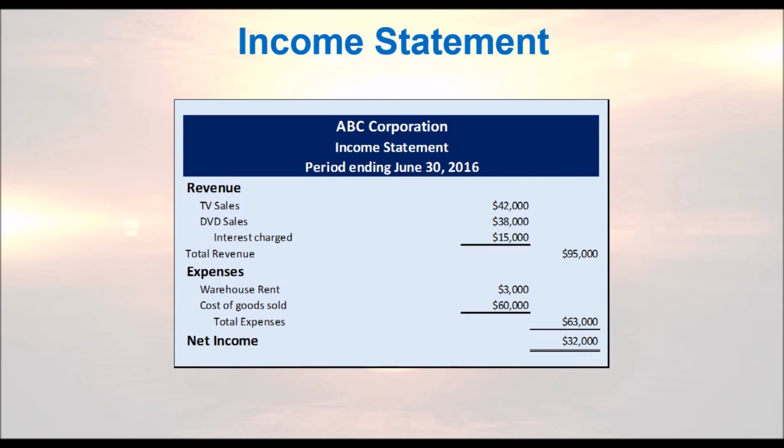Now, what are the expenses for the same period, 1 year, from July 1st, 2015 to June 30th? The total warehouse rent was $3,000, and the cost of goods sold, the TVs and the DVDs which you sold for 42,000 and 38,000, so a total of 80,000, actually cost you 60,000, so you were making a margin of about 15,000.